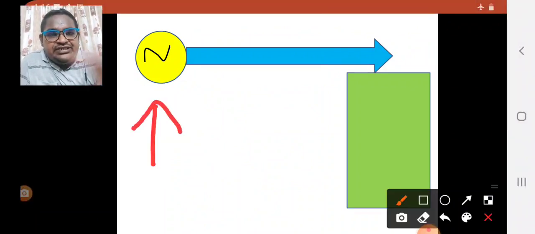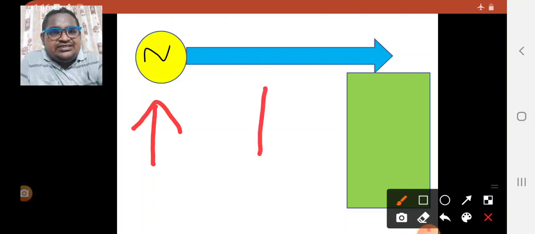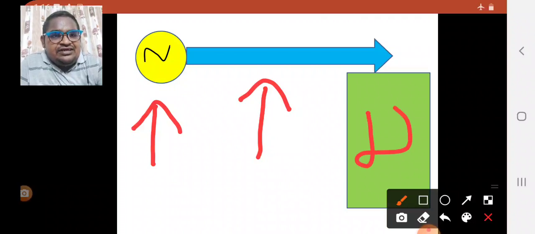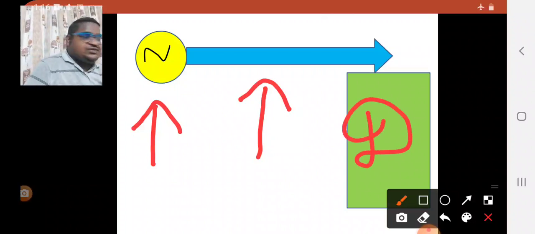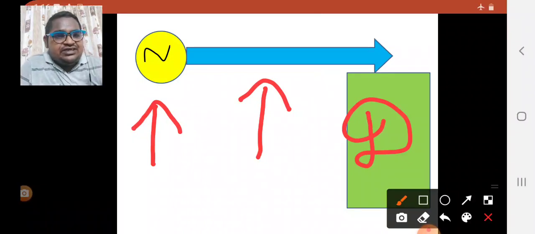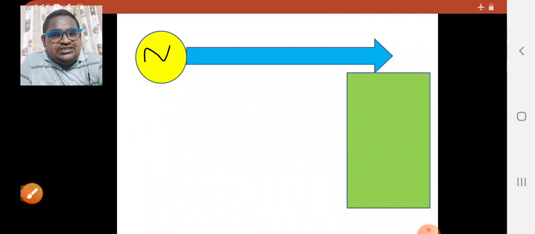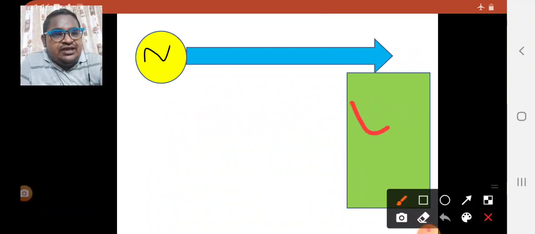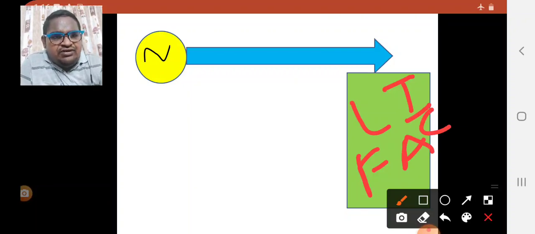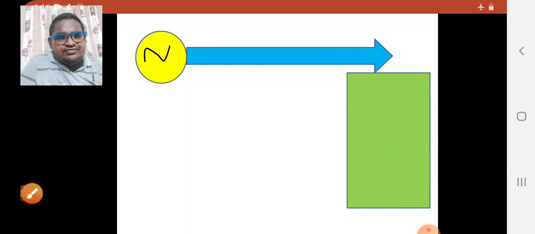In the distribution, we may have the lights, the fans, the industries, the ACs. All those things you have at the distribution.